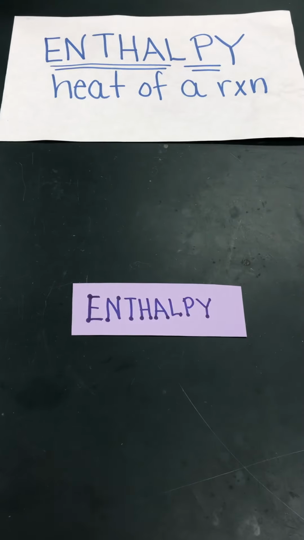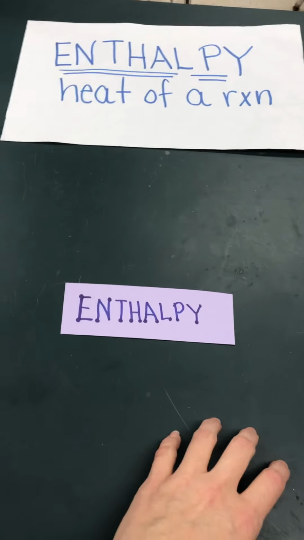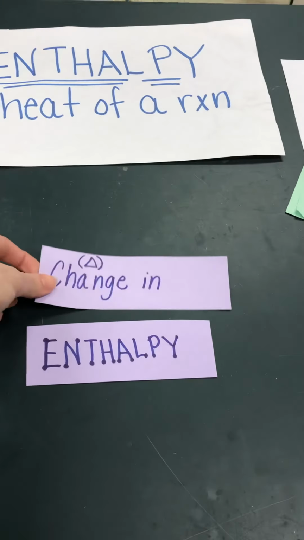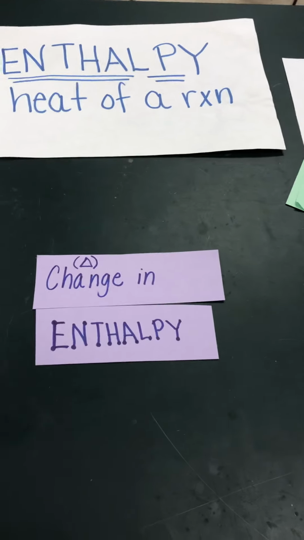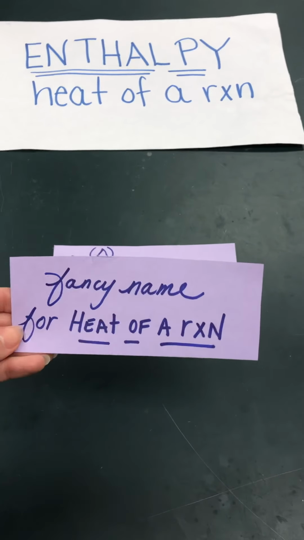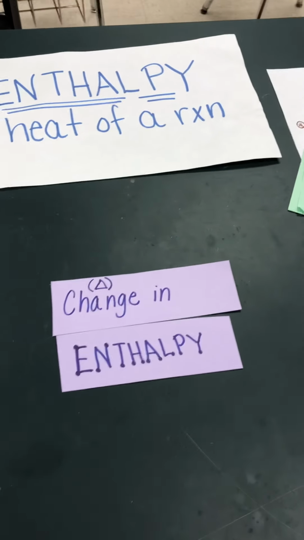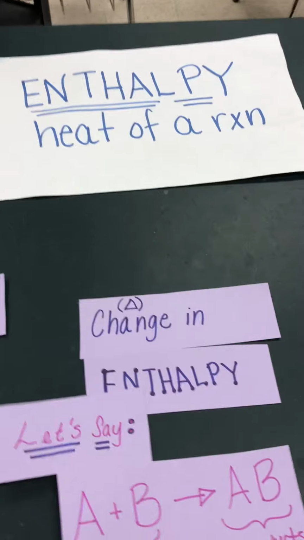And since we're looking at one side as the reactants, the other side as the products, we're actually interested in the change in enthalpy. And so again, another way of saying change in enthalpy is, it's a fancy name for the heat of a reaction, right? So we can actually look at a generic reaction.